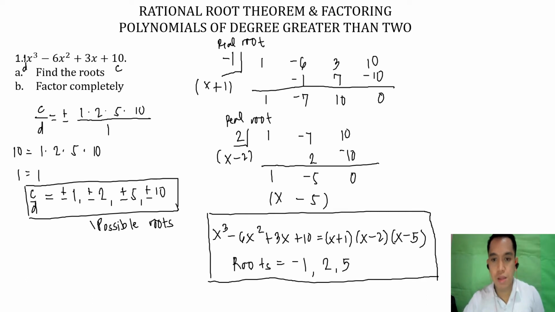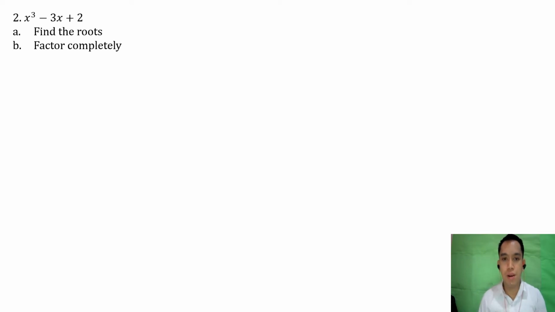Okay, so let's proceed to number 2. So number 2, x cubed minus 3x plus 2. So the same process, find the possible roots first.